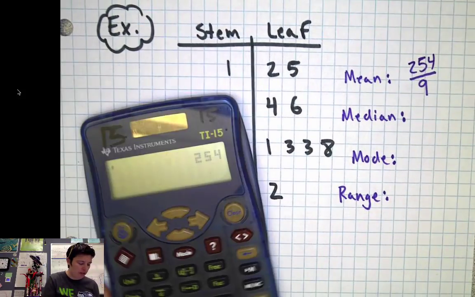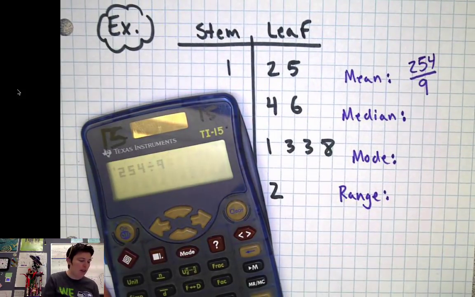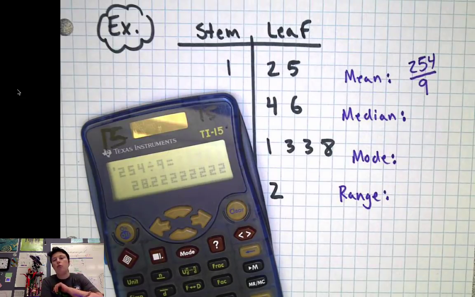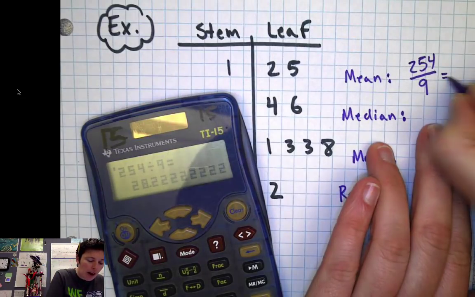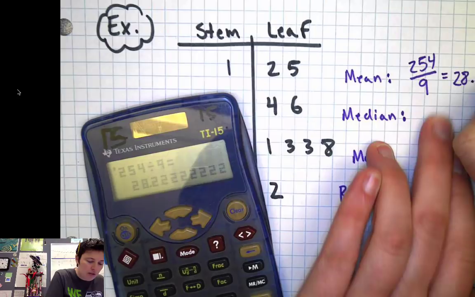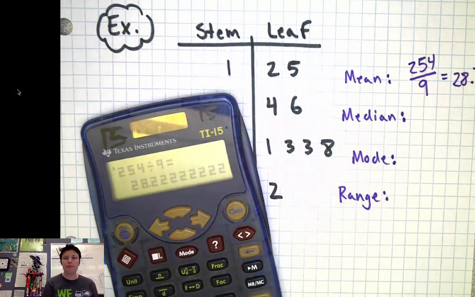So 254 divided by 9 gives us an average of 28.2 repeated. So our average value is 28.2 repeated.